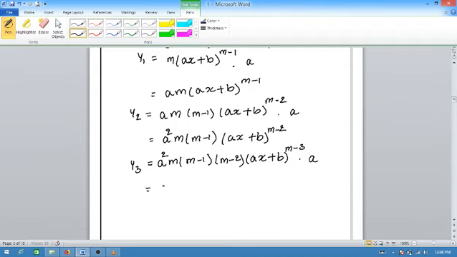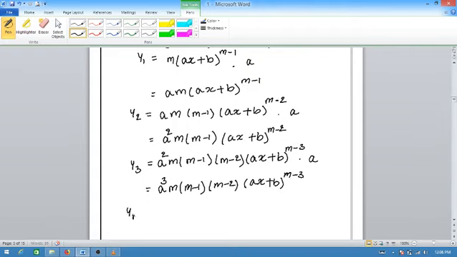So that is equal to a square into a, which is a cube, into m into m minus 1 into m minus 2 into (ax plus b) whole raised to m minus 3. So if I continue like this, you'll get the nth derivative.